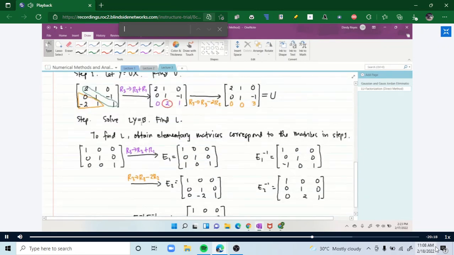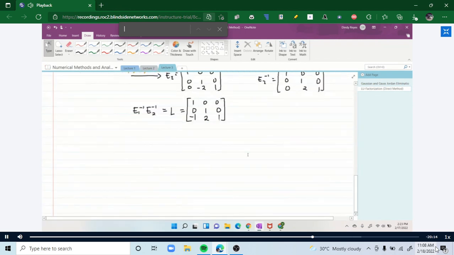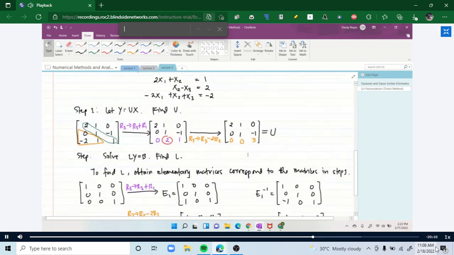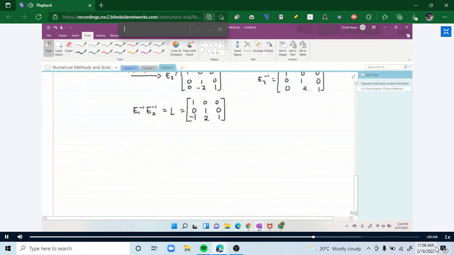Okay, now we find Y. Our goal is to solve for LY equals B. If X is the matrix of the unknowns, X sub 1, X sub 2, X sub 3, then Y would contain Y sub 1, Y sub 2, Y sub 3. So LY equals B. We are solving for Y. So ang L natin is the matrix with entries 1, 0, 0, 0, 1, 0, negative 1, 2, 1.